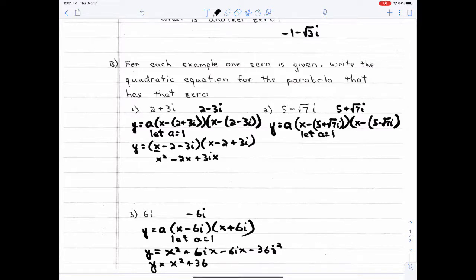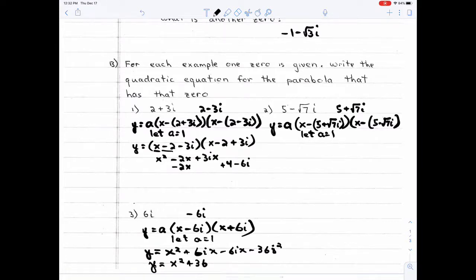And I'm going to stack like terms, which I've done all along. Now I'm going to take the negative 2. So we get negative 2X. Okay, and then negative 2 times negative 2 is plus 4, and there's nothing to put that under. And then negative 2 times 3i is minus 6i.